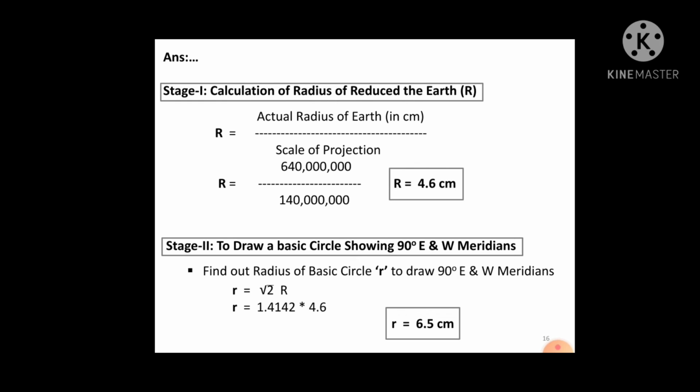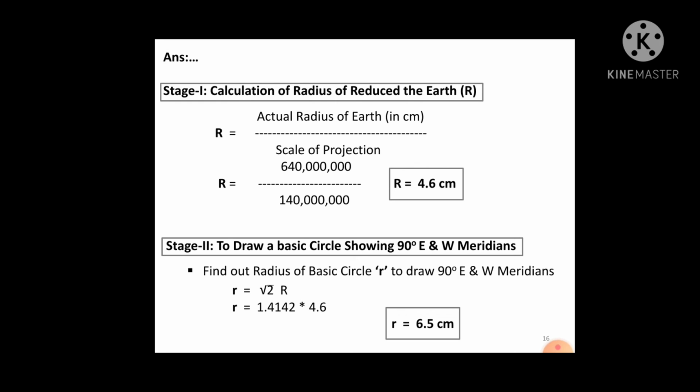Now the second stage, to draw the basic circle showing the 90-degree east and west meridians. Here we have to find out the small r. We know the equation that r is equal to root 2 multiplied by capital R. If you run it, you will get an answer.